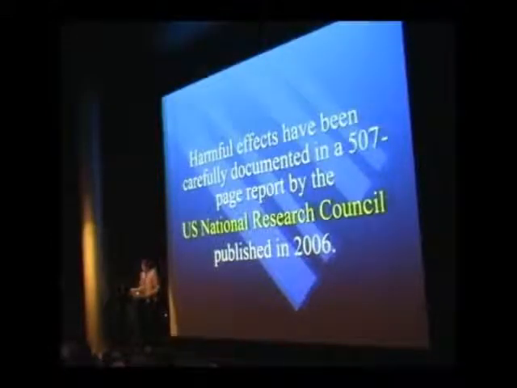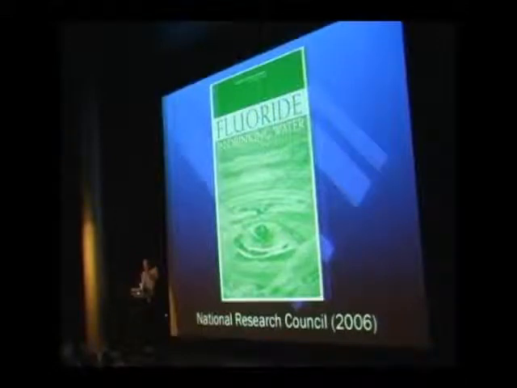Now, the harmful effects of fluoride were documented in this study that was published in 2006. It's a 507-page study. It was conducted in the United States. It took 3.5 years. It was conducted by the first balanced panel ever selected to look at fluoridation and fluoride.